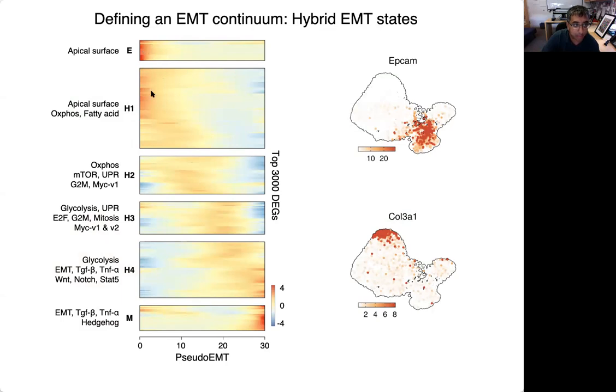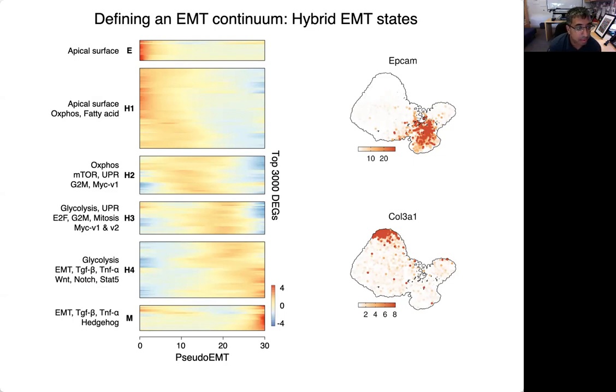So going top to bottom: epithelial, then H1, 2, 3, 4, and then finally the most mesenchymal state, right? And then different pathways, including different signaling pathways, but also OXPHOS and glycolysis, et cetera. You can see those pathways active at different moments along the time course, right?